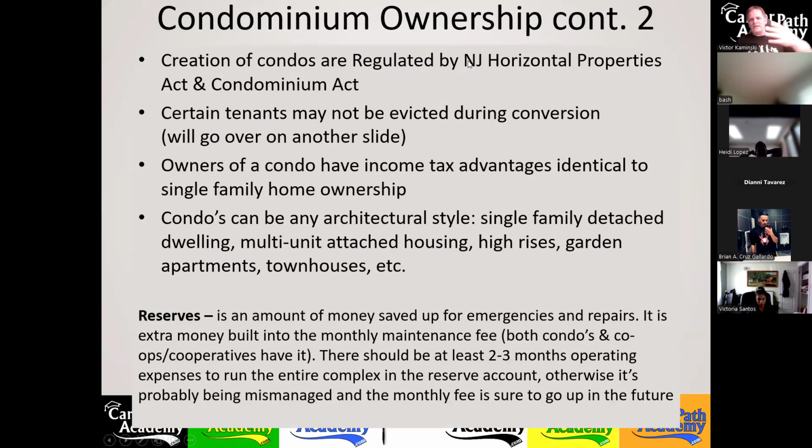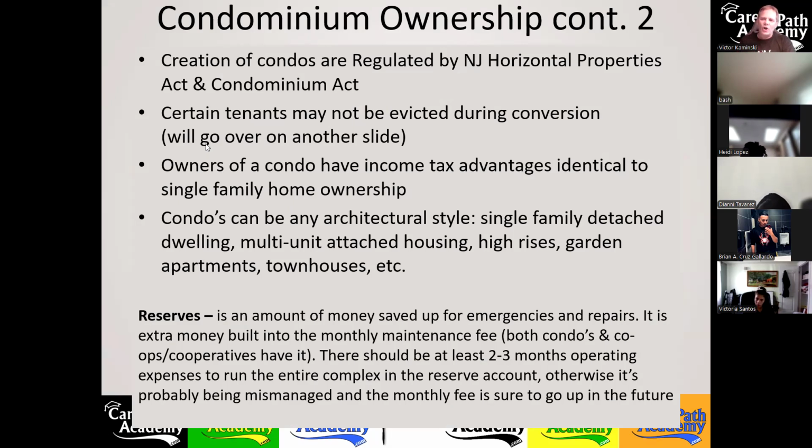So once again, this is just a recap of condominium ownership. The creation of condos is regulated by the New Jersey Horizontal Properties Act and the Condominium Act. Certain tenants may not be evicted during conversions.